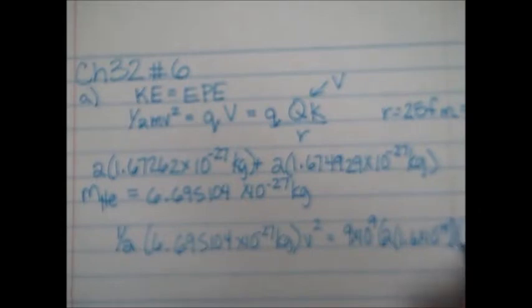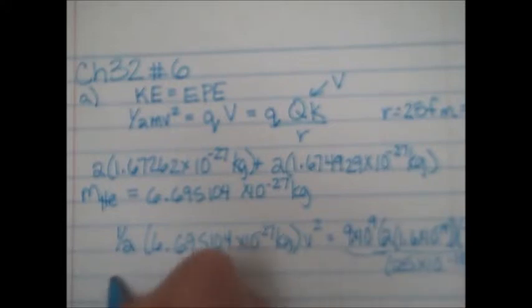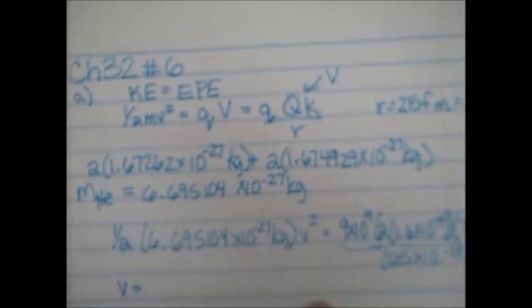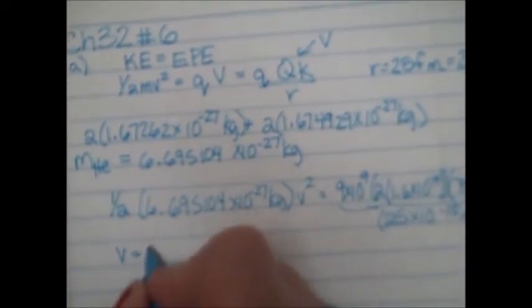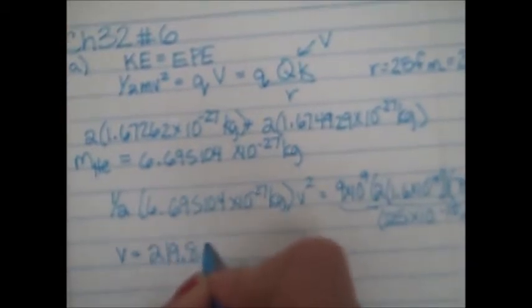And the charge of the gold nucleus would be 79 times the charge of the proton, 1.6 times 10 to the minus 19. So that's k, little q, big Q, or q1 and q2, however you want to say it, divided by the distance of 25 times 10 to the minus 15 meters. From that, we get the velocity would have to be 219.8 meters per second.